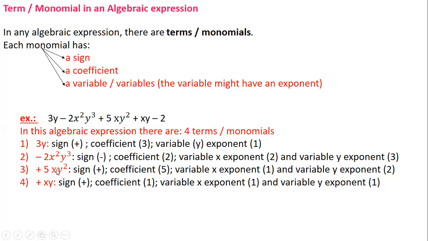I have two variables, x and y. Here x has an exponent 1 and y has an exponent 2. Plus xy, the sign is plus. The variables are x and y. X has an exponent 1 and y has an exponent 1. So this is if we are talking about a term or a monomial in an algebraic expression.